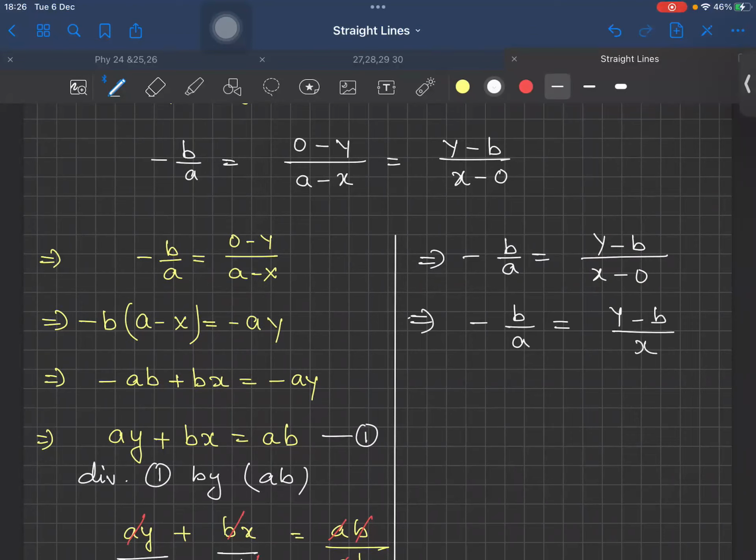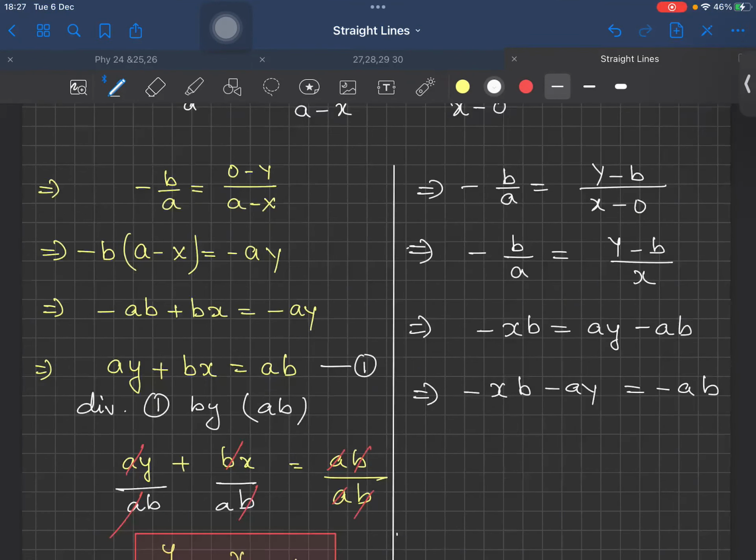Yes or no? Now I'll just cross multiply. Minus XB is equal to AY minus AB. I'll just take it this side. So I can write minus XB minus AY is equal to minus AB.